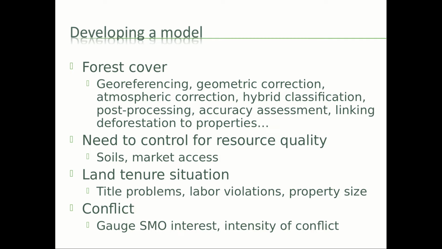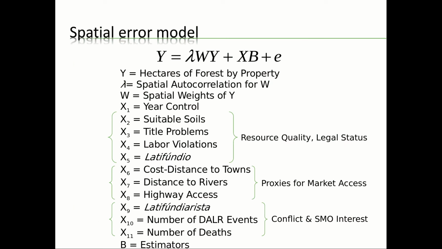Environmental violations are as well. And then also information on conflict gained from newspaper articles, which would gauge whether social movement organizations, SMOs, have interest in a particular piece of property, and also gauge the intensity of the conflict over the resource.